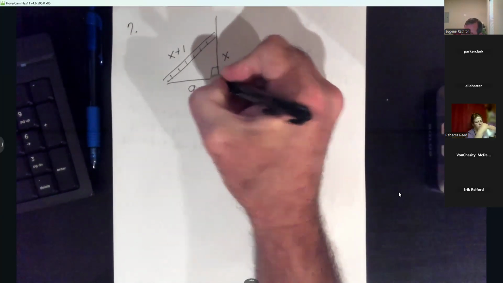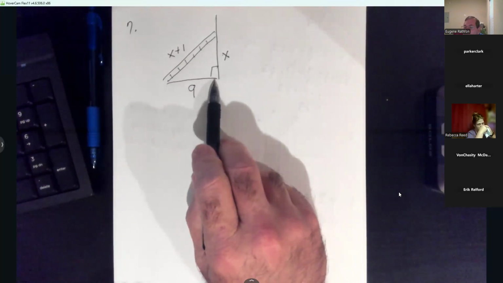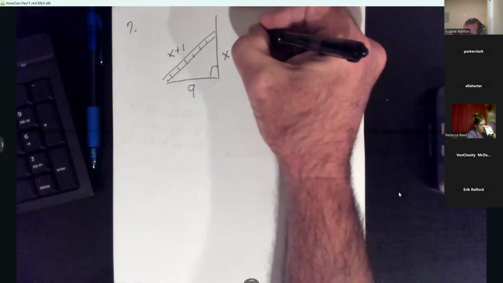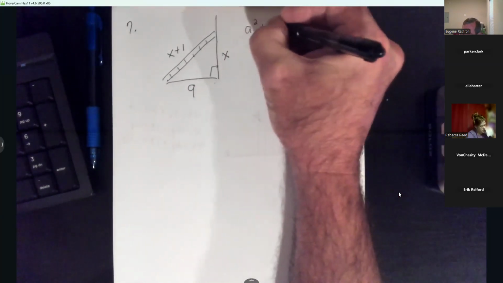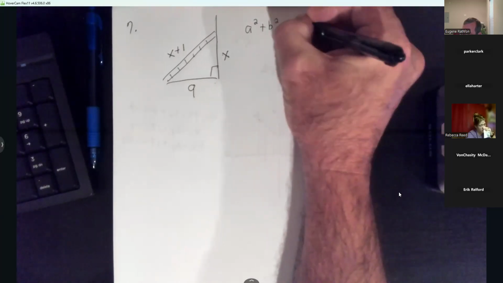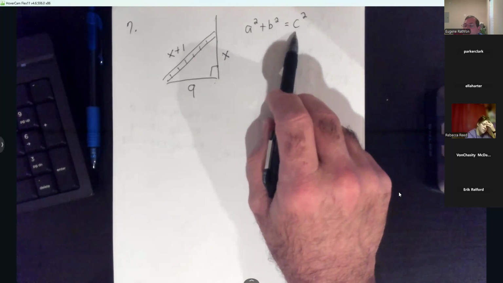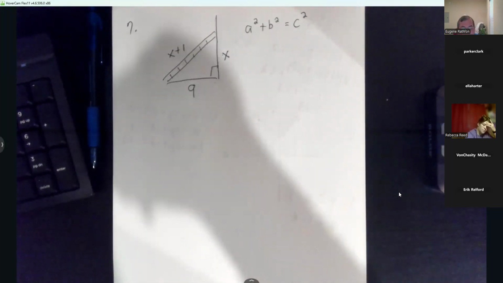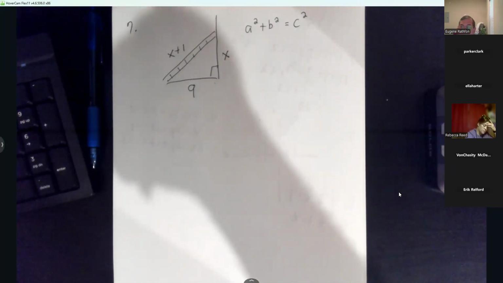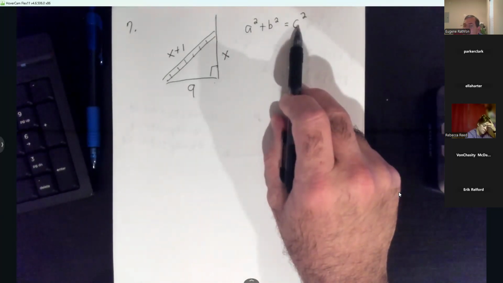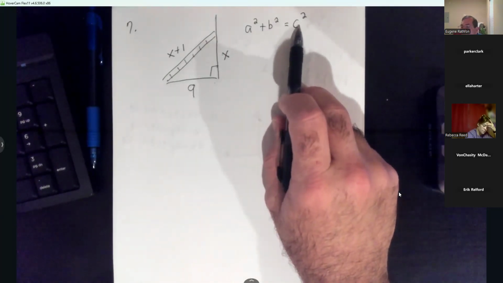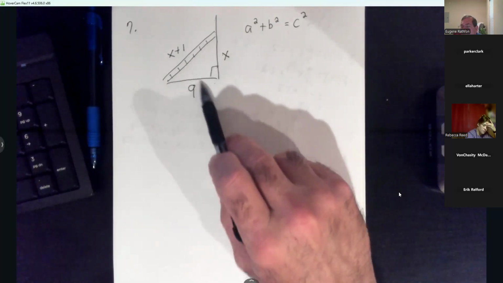Now, we got a right triangle, so we're going to use the Pythagorean theorem. A squared plus b squared equals c squared. So y'all, here's the thing. C has to be one of these three sides.